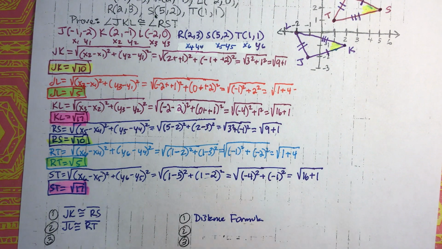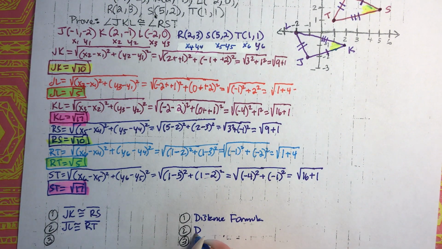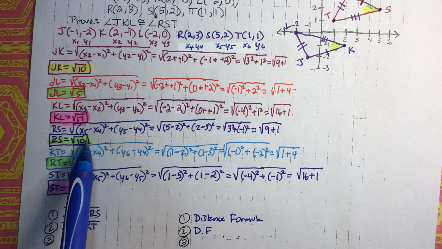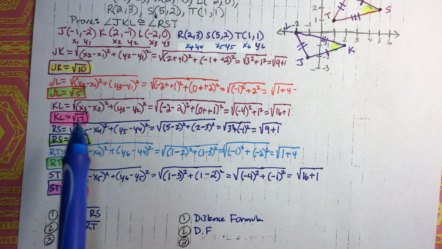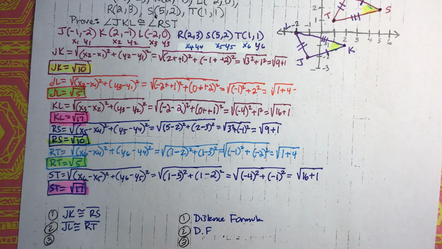Okay. And the same thing, distance formula. I'm going to say distance formula. Substitution, a lot of simplification. Then what do we have? We have RS, square root of 10. No, I already did that one. So I did 10, I did 5. Now we got to do 17. So KL is congruent to ST and distance formula.